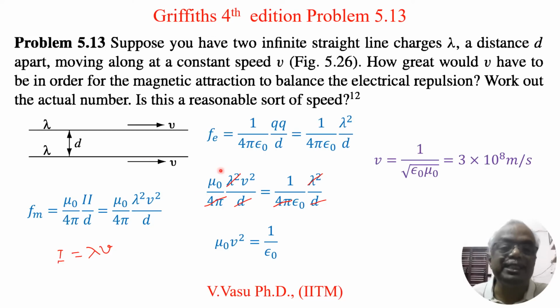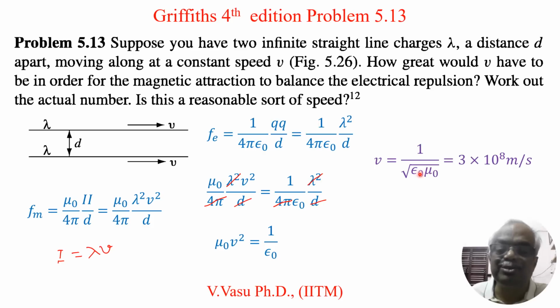So on the left hand side, you will have only mu naught v squared. On the right hand side, you have only 1 over epsilon naught. So if you bring mu naught to the right hand side, then v squared will be 1 over mu naught epsilon naught. So naturally v, if you take the square root, will become 1 over square root of epsilon naught mu naught. We know very well that 1 over square root of epsilon naught mu naught is equal to the velocity of light.